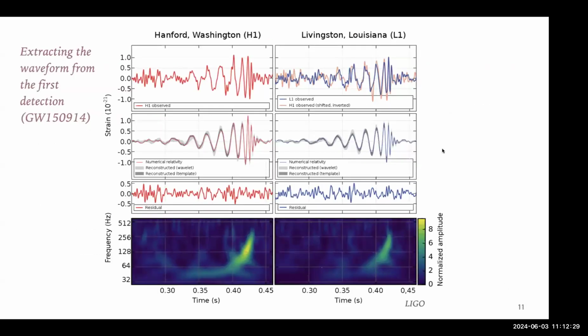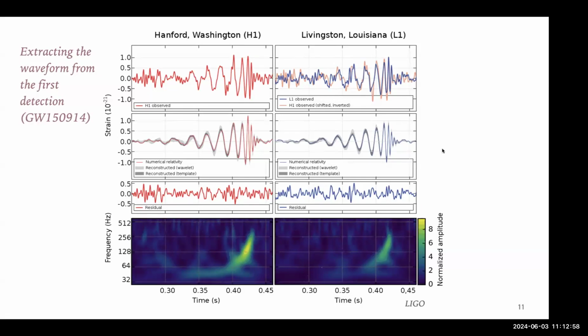So this was the first ever detection, GW150914, in Livingston on the right and Hanford on the left. You can see the initial noisy data up top. The second panel shows it overlaid with some gravitational wave templates. We've got the numerical relativity as the solid line, red on the left, blue on the right.